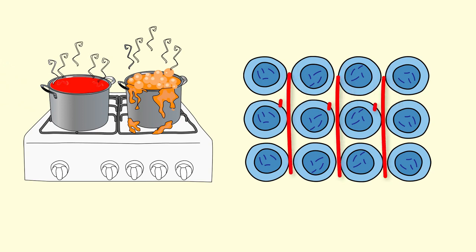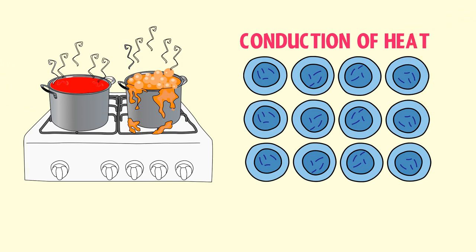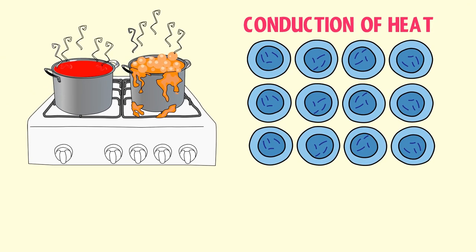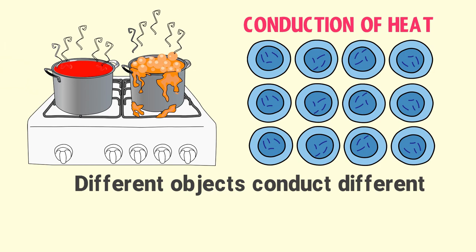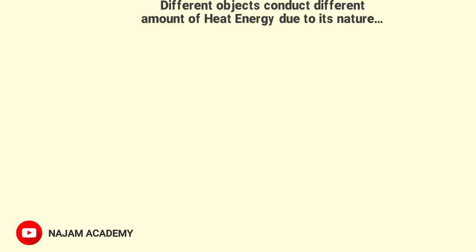Thus, this flow of heat energy from fire towards the cooking pot without transferring atoms or matter is known as conduction, or conduction of heat. Remember that different objects conduct different amounts of heat energy due to the nature of the material they are made of.